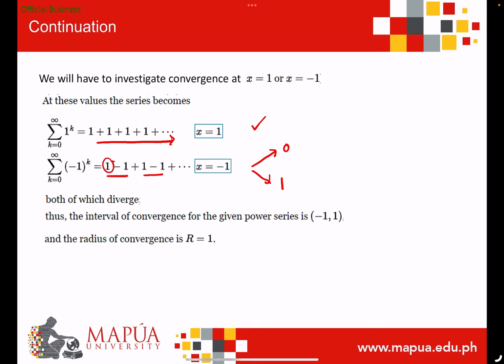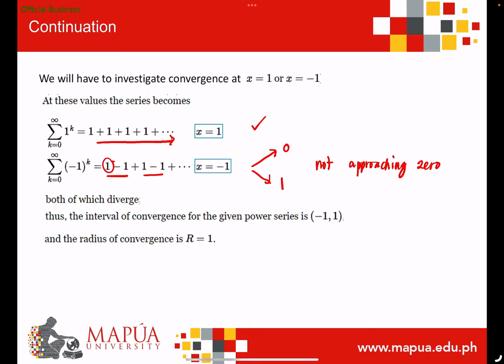So there's no unique value. For an alternating series, the last term should be approaching 0. So this is not approaching 0, so this is a divergent series. Thus, 1 and negative 1 would not make it convergent.